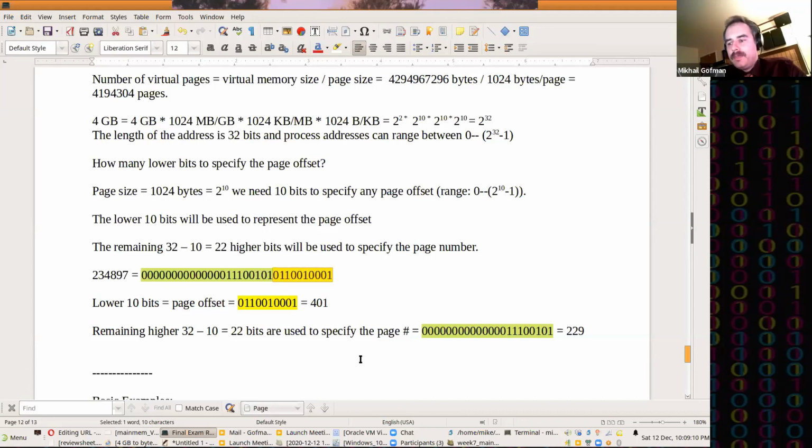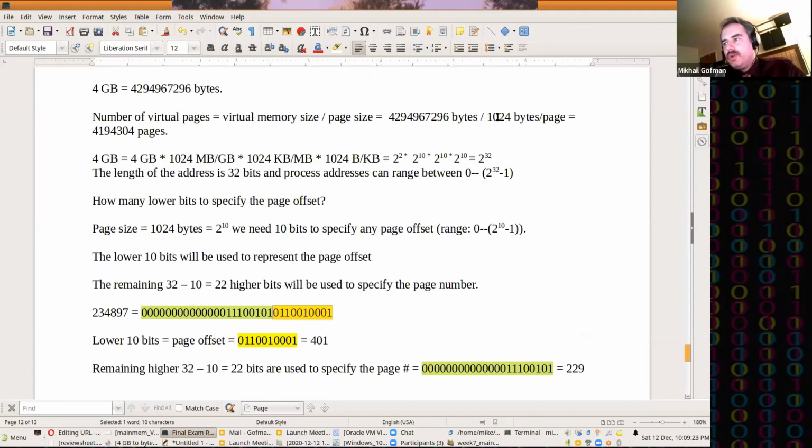The page size is always fixed. A system is configured to use a certain page size, so the page size you will be given. For example, in this example, we've been told that each page is 1024 bytes long. Which means that within this page, the offsets will range between 0 and 1023.